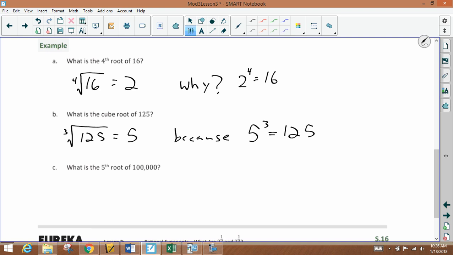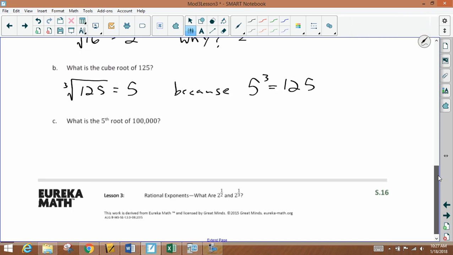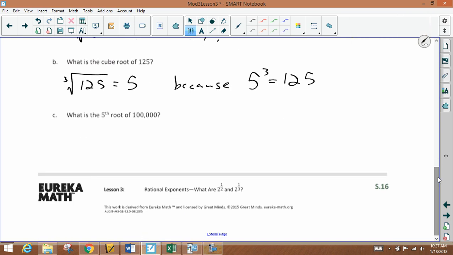So we're just going backwards. So, how about this one? We're being asked for the 5th root of 100,000. What do you think that is? 10.